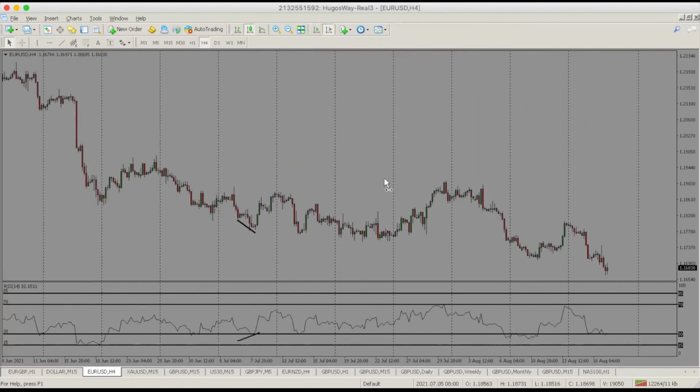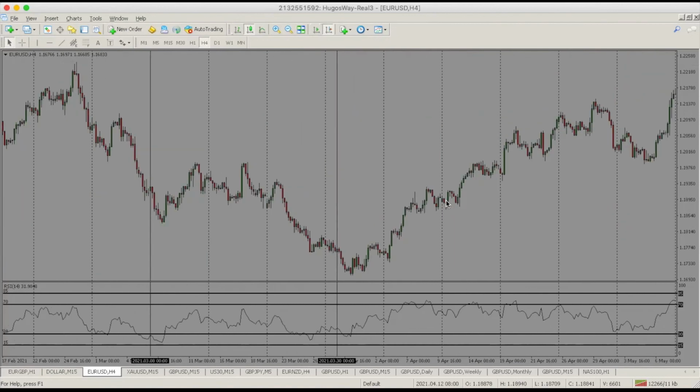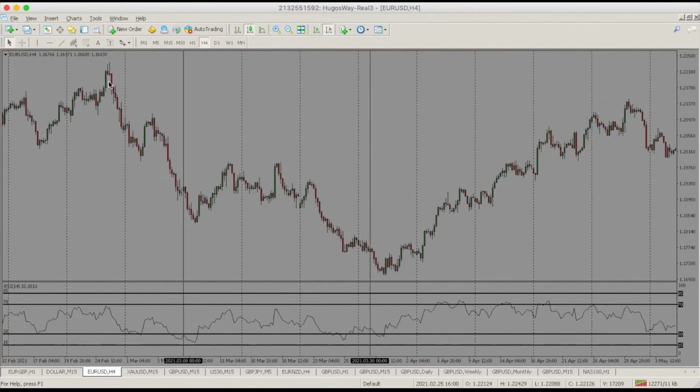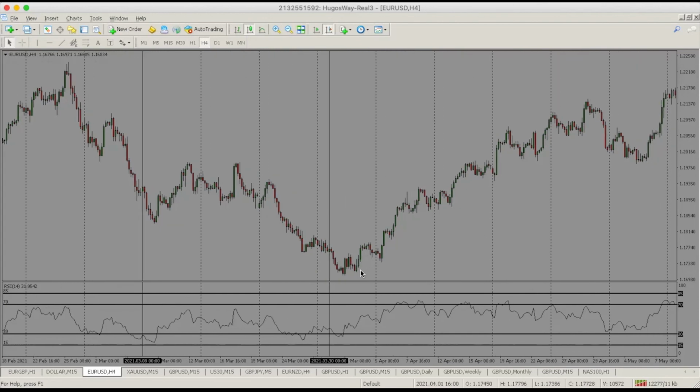Let's cut that down to 4 hour. So right there, you can see the divergence pretty clear. You can see it's coming from 1, 2, 3 major pushes. Right, and then see it breaking structure, trading higher.